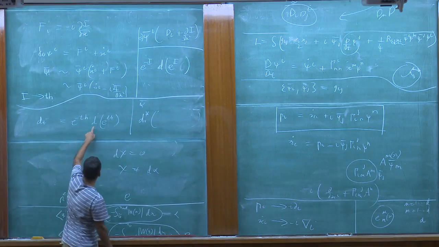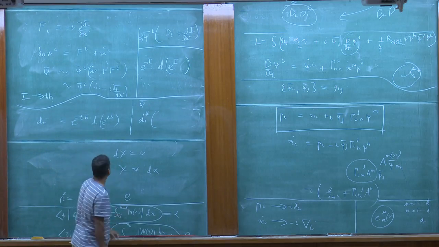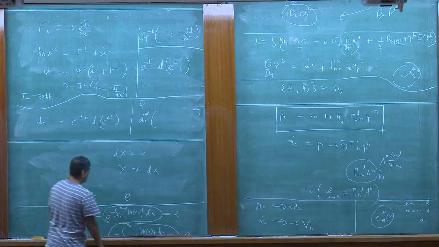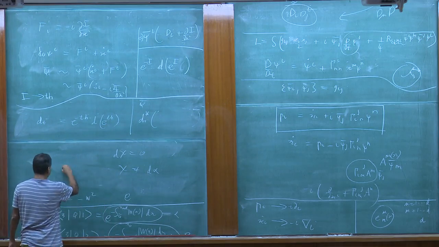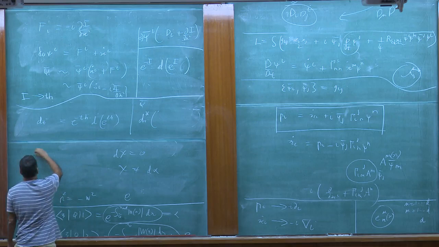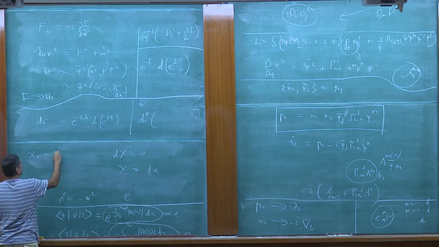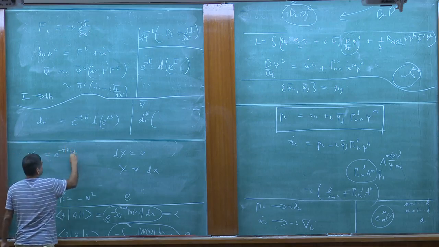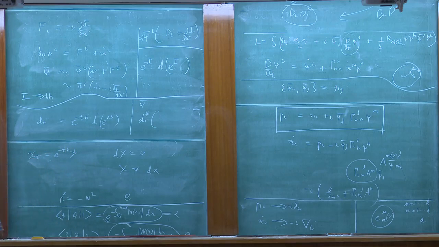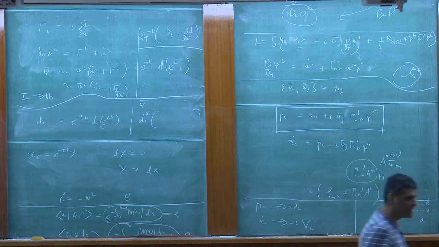We want something such that dt of that object is 0, but dt differs by multiplying by e to the power minus th. So let's just take chi and define chi t equal to e to the power minus th, chi. D of that will be 0. Okay, so it's clear that dt of chi t is 0.